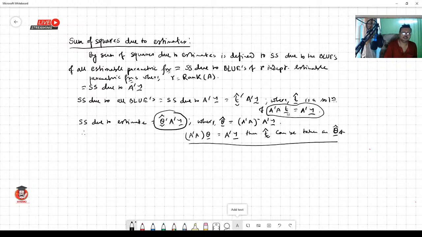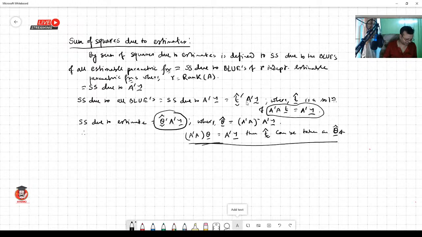If you replace t by theta, SS due to estimate is nothing but theta hat prime A prime y. I am just replacing t prime by theta hat prime.